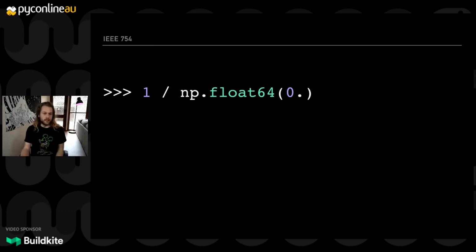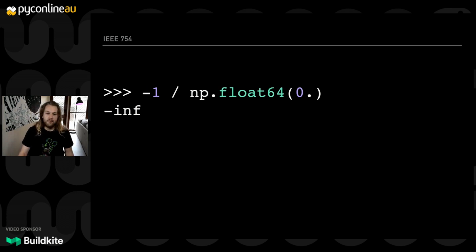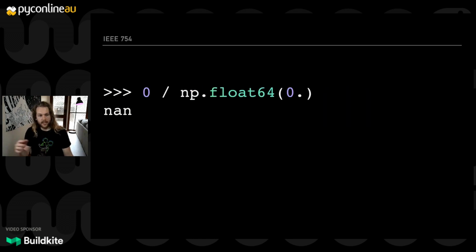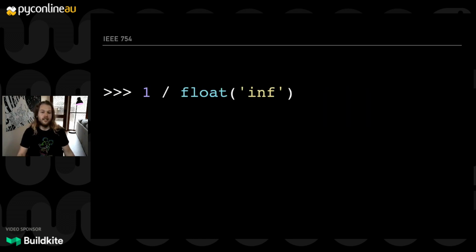So 1 divided by 0 is infinity, obviously. Minus 1 divided by 0 is negative infinity. Infinity divided by infinity, though, is NaN. 0 divided by 0 is NaN. 1 divided by infinity is 0.